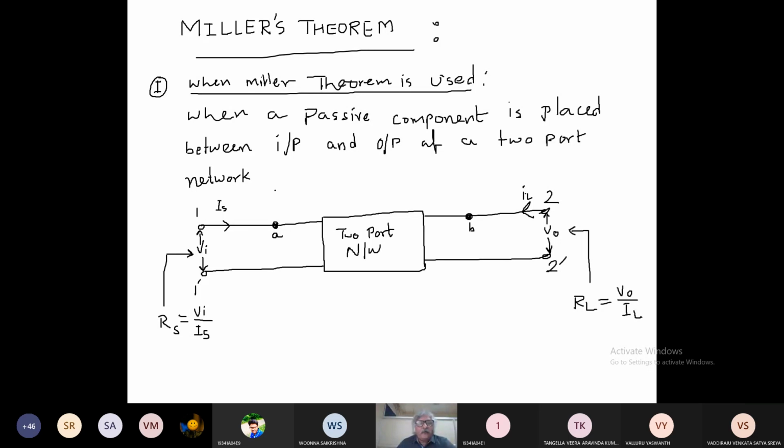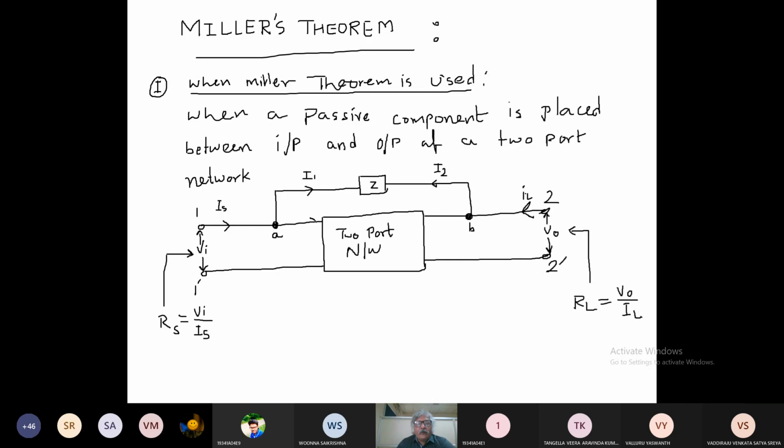So at this point, we have connected one passive component. So now we have connected a passive component. Here the currents will be represented like this: I1, this side it is represented as I2.